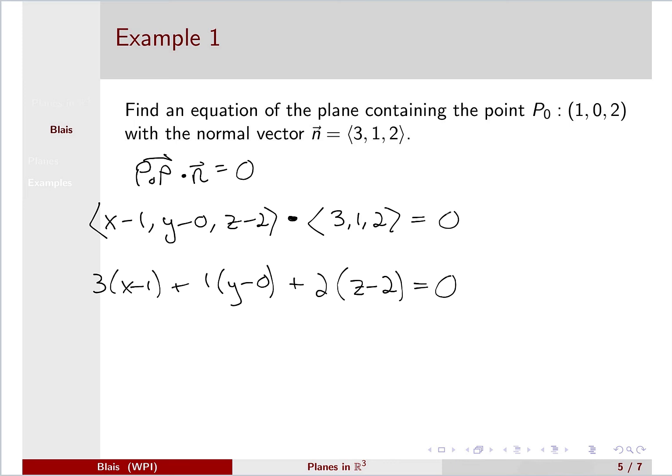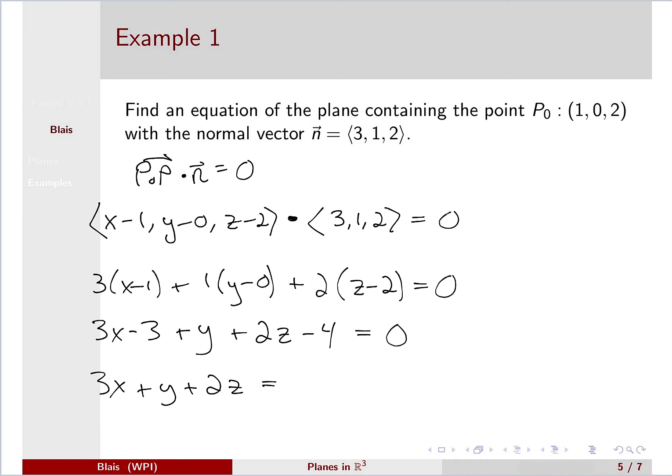We can simplify this if we want. 3x minus 3 plus y plus 2z minus 4 equals 0, or 3x plus y plus 2z equals, here we had a minus 3 and a minus 4, so that's a minus 7, add 7 to both sides, equals 7. And so this is an equation for that plane.